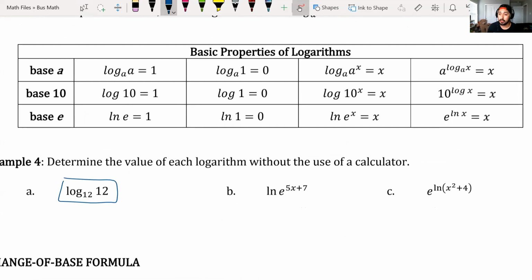The base of the log is the same number as the number inside the log. So this looks exactly like this property here. So log base 12 of 12 is the same as log base a of a, which still gives me 1. That's our answer.